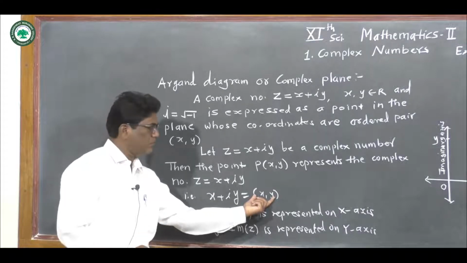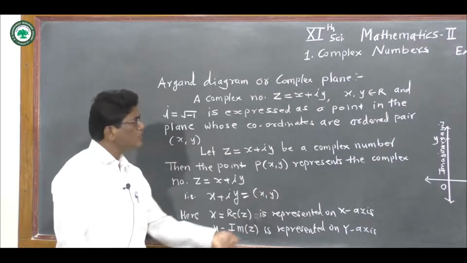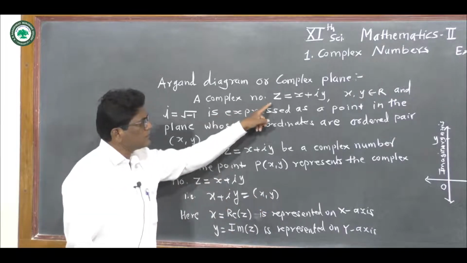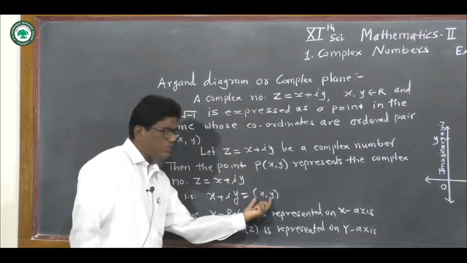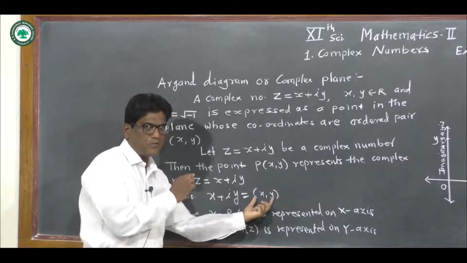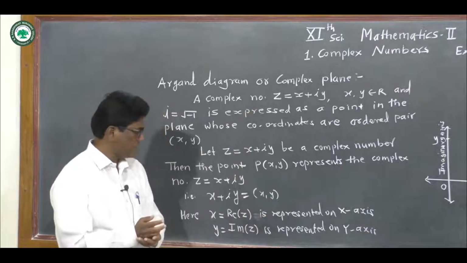We have plotted points in the plane at school level. Now here z is x plus iy, this complex number is denoted by the ordered pair (x, y) and we denote this point in the plane, and that plane is called the complex plane.